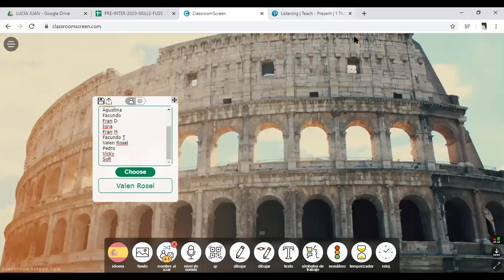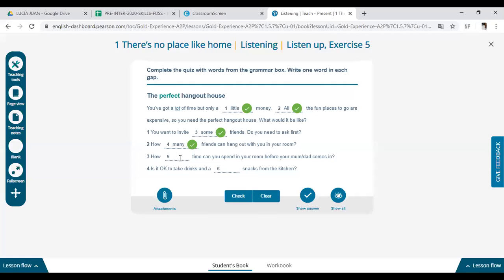Valen Rosel, can you do the next one? How much time can you spend in your room before your mom comes in? How much?